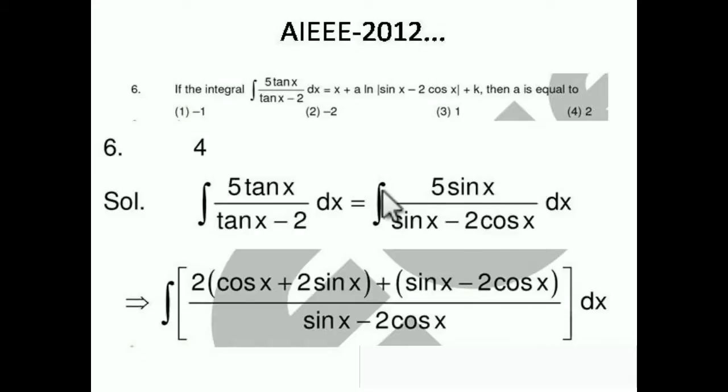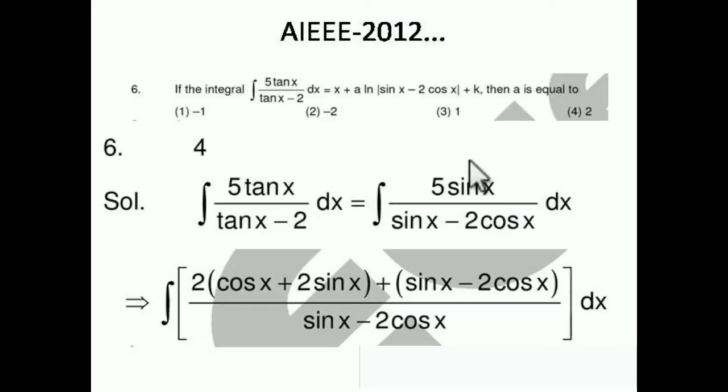Which is that method? Numerator is equal to m times the denominator plus n times d by dx of the denominator. Please note down what I say right now.